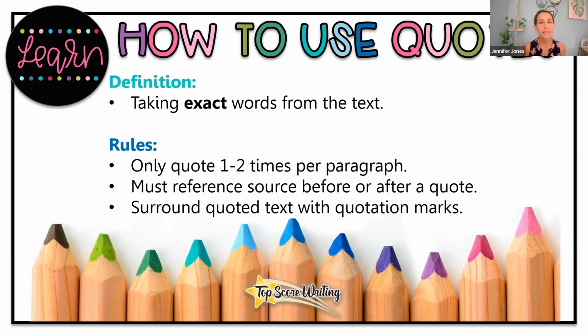Those are a couple things to keep in mind when you're quoting. First, we only want to quote once or twice per middle paragraph. And the number of quotes really depends on how long the quoted material is. We want our middle paragraphs to show our reader how great we are at writing, right? We want to show our reader that we've comprehended what we've read, that we understand it.